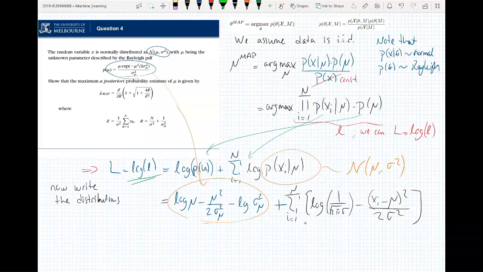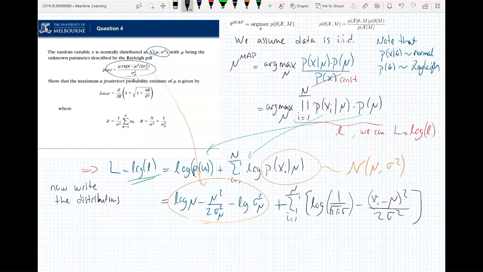We maximize with respect to mu. So if you look at the terms, when you take the second derivative, this is quadratic in mu. Log mu, derivative is 1 over mu, second derivative will be minus 1 over mu squared.